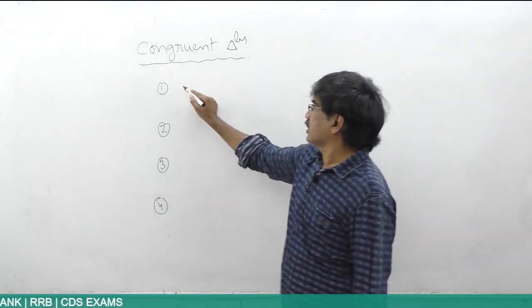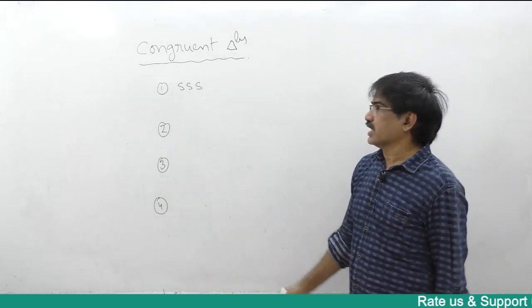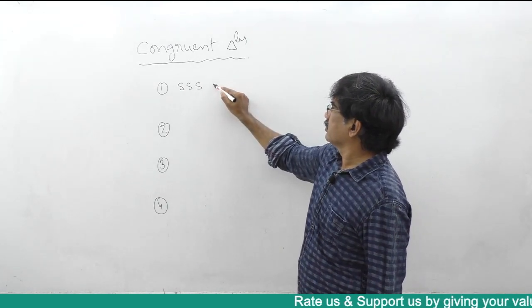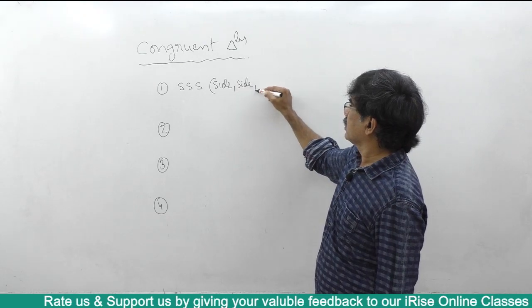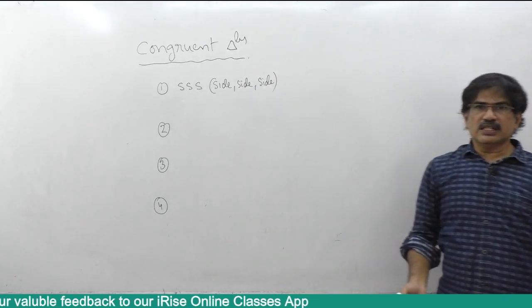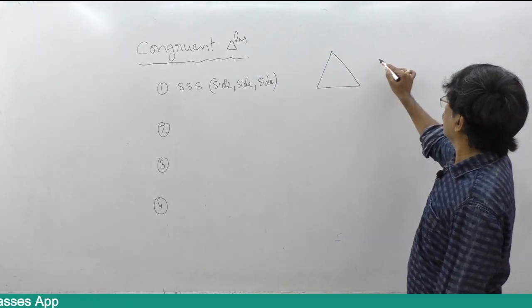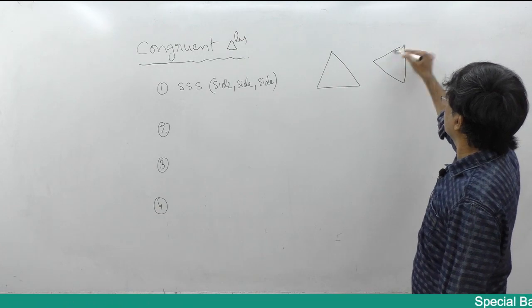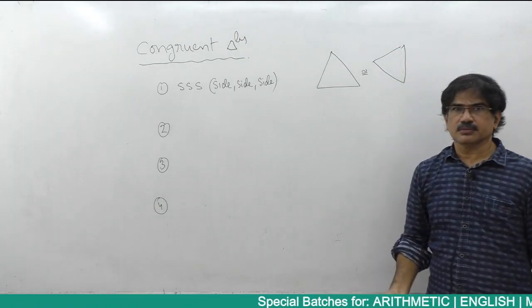The first one is SSS property. Side, side, side. What is SSS property? These 3 sides of one triangle equal to the 3 sides of the other triangle. We say that these two triangles are congruent.